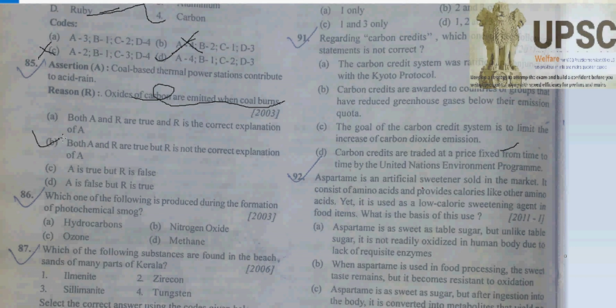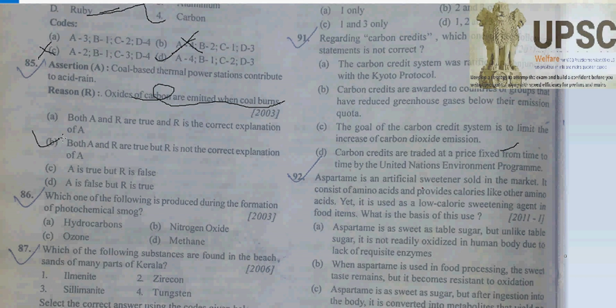Once again, I repeat: coal-based thermal power plants are responsible for acid rain, as coal on burning produces SO2 and NO2. The oxides combine with droplets of rainwater to form sulfuric and nitric acid, which fall on the ground as rain droplets. As we know, this results in acid rain.